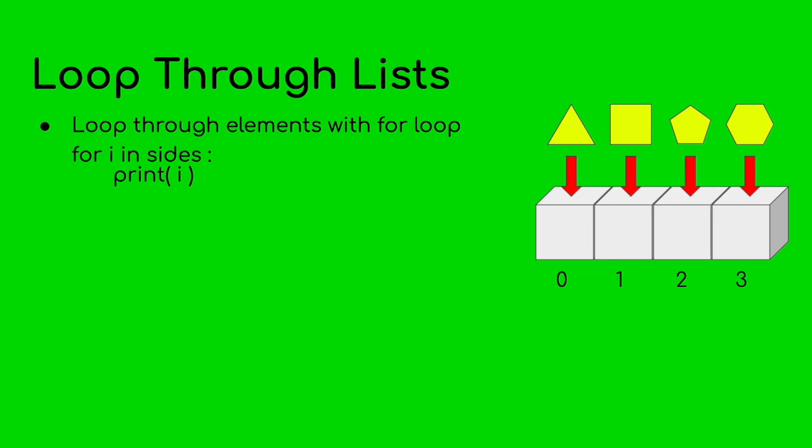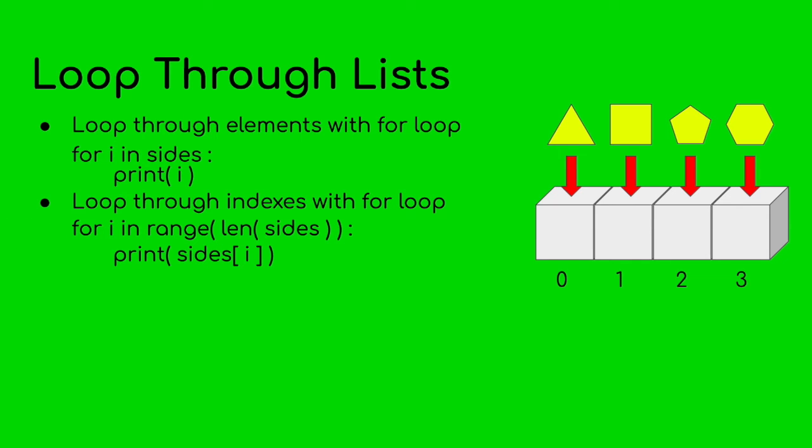So what you could also do is loop through indexes with a for loop. So you do something like for I in range of length of sides, colon, print the I index of sides. Okay, so the length function returns the length of the list that you give.